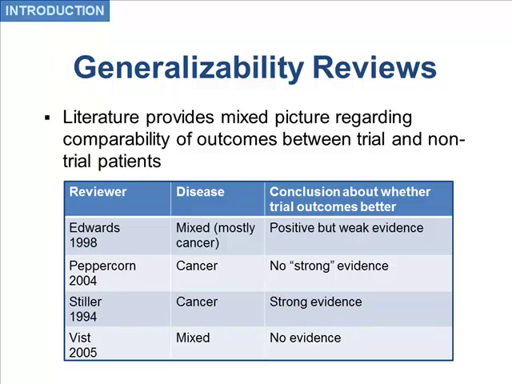The literature on generalizability analyses has been summarized in 4 prominent reviews, all of which provide a mixed picture regarding the comparability of outcomes between trial and non-trial patients. In the past decades, these 4 reviews have found anything from no evidence to strong evidence that the clinical trial outcomes are similar to non-trial outcomes.